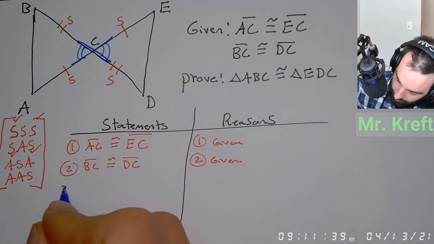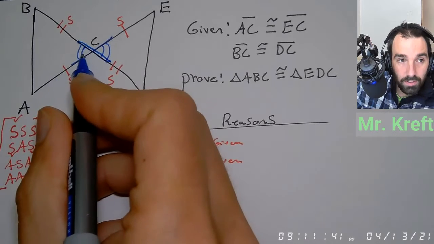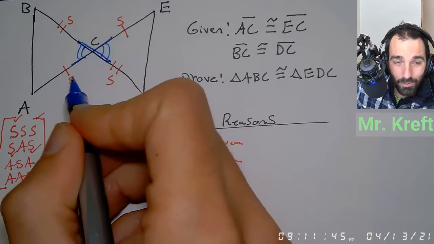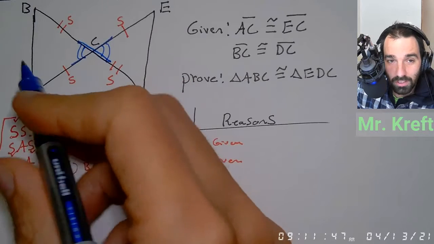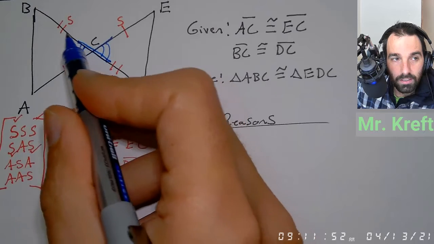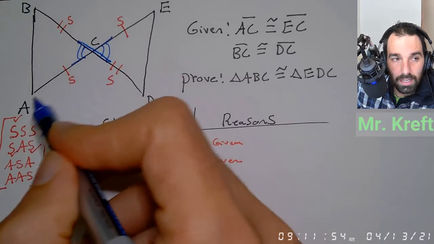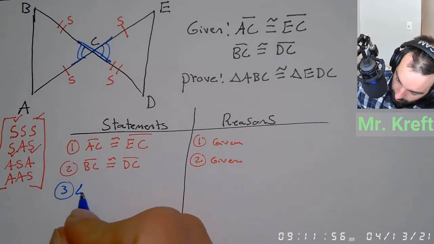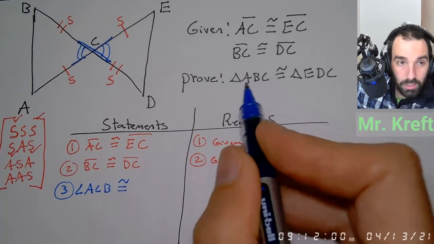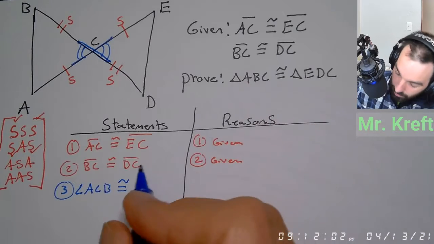Okay, so now we have to name this angle, right? We can't call it angle C because there's a whole bunch of angle C's. So we use the three-letter system. We start with a leg, so we might say A, C, B, or B, C, A. So I'm going to go A, C, B. And once you get that first one, we can use this statement here to get the second one.